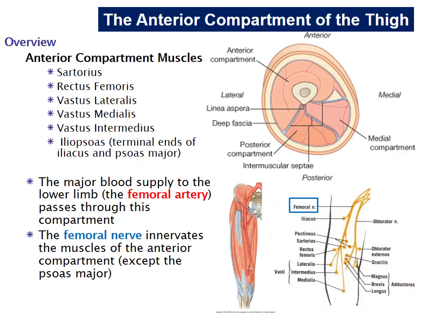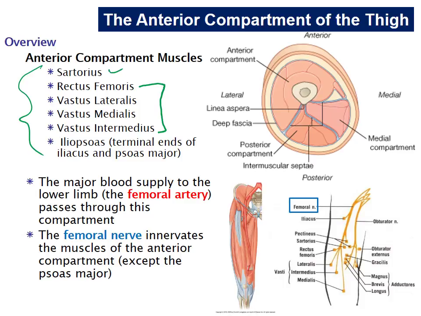All right. This is another nice overview slide of what we're going to be dealing with in the anterior compartment. So we have all of these muscles. Let's give a bracket here to the quad muscles. That's the quad, those are 4 muscles.